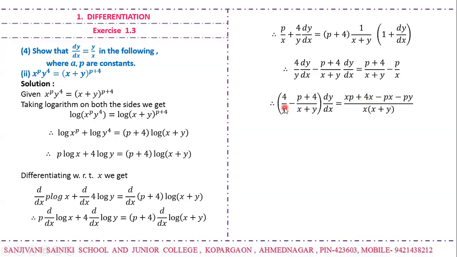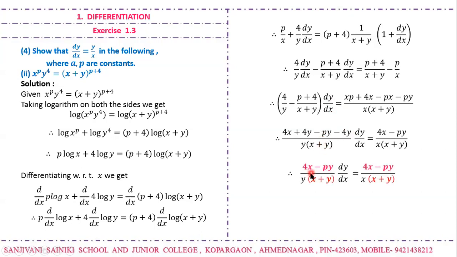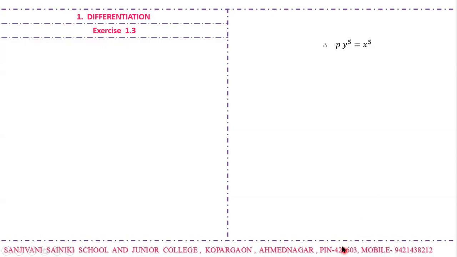And then simplify. So dy by dx is equal to, now numerator is 4x minus py, here also 4x minus py. So they cancel each other, (x plus y) is also cancelled. So we get dy by dx is y upon x.